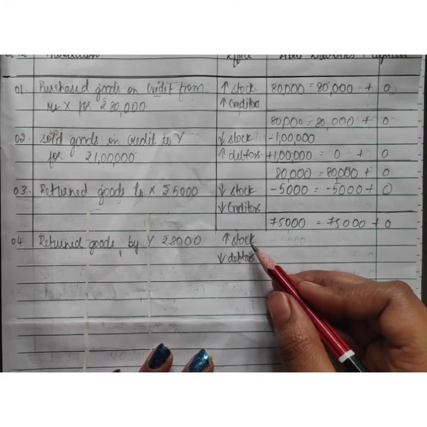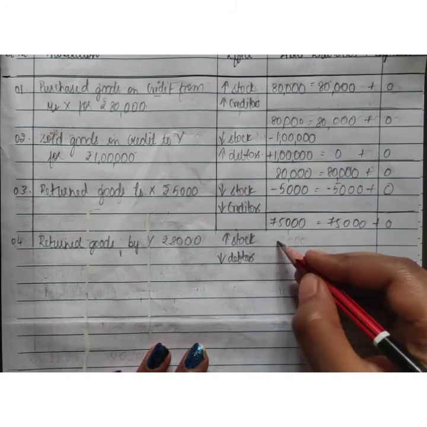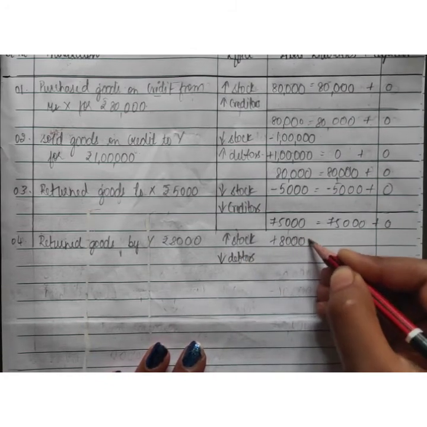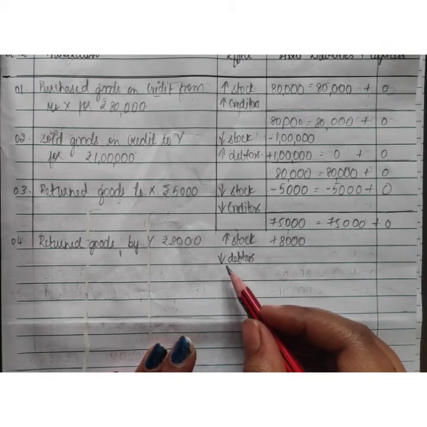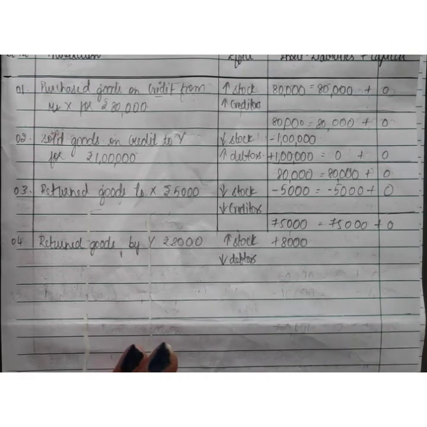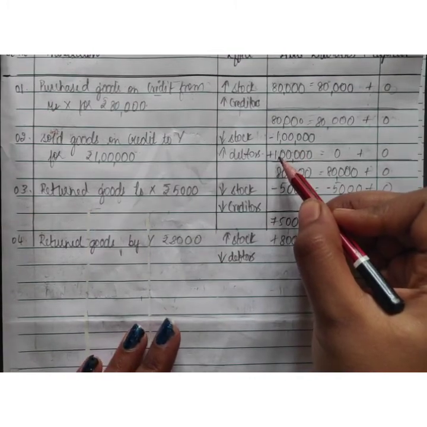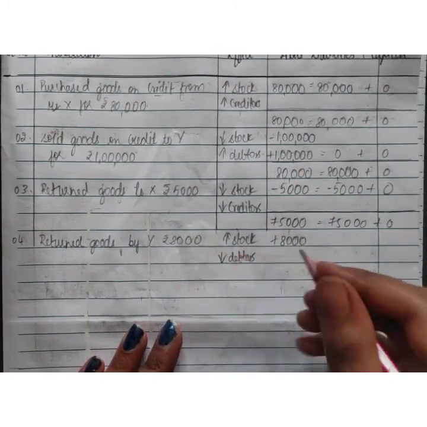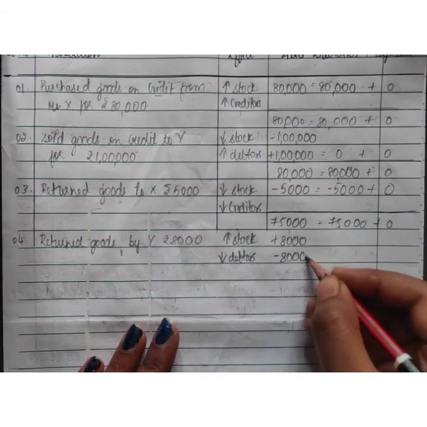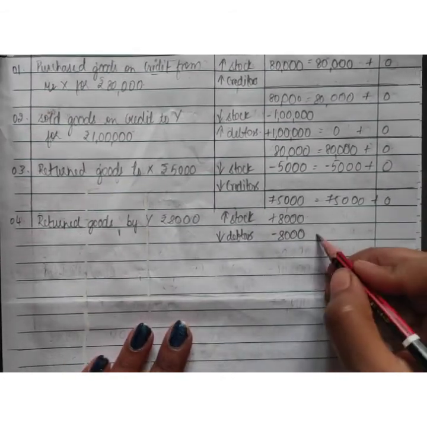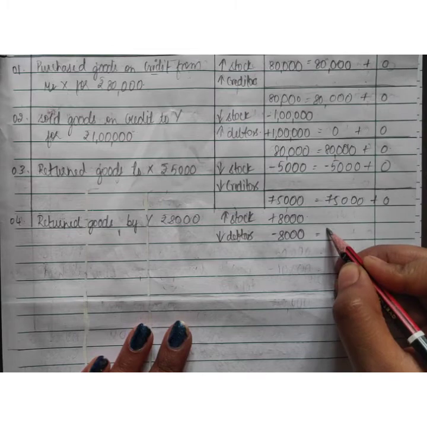So stock comes under what? Assets. So there is an increase, so I will write it as plus 8,000. Then debtors also are assets. We have yet to receive, right? So out of this plus 1 lakh, 8,000 has come back as goods. So I'm writing minus 8,000. Clear? So is equal to, what happens?